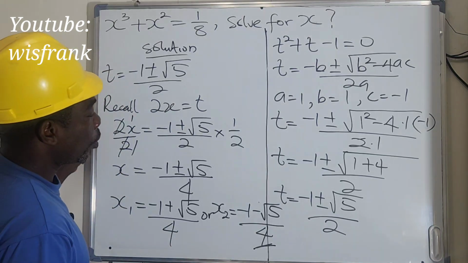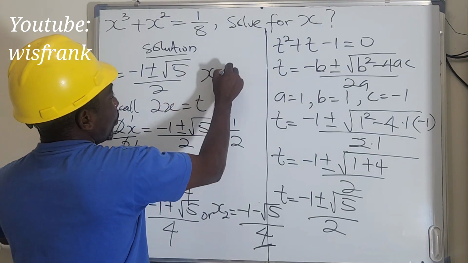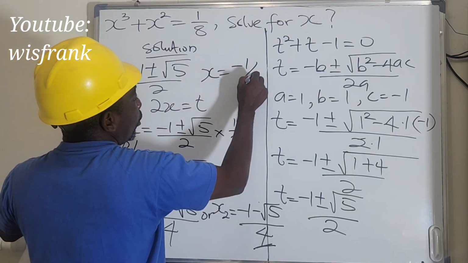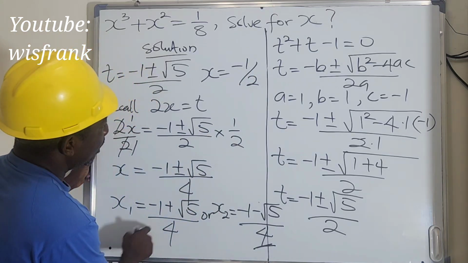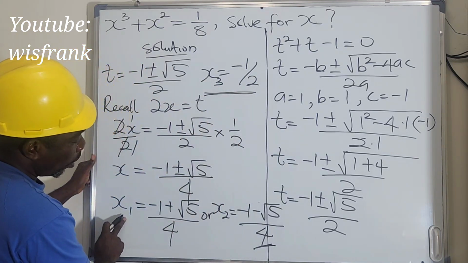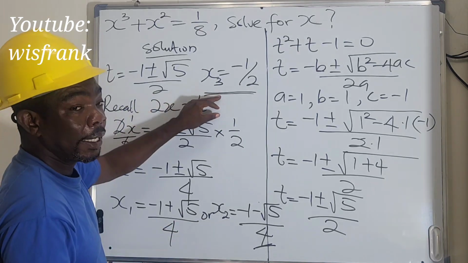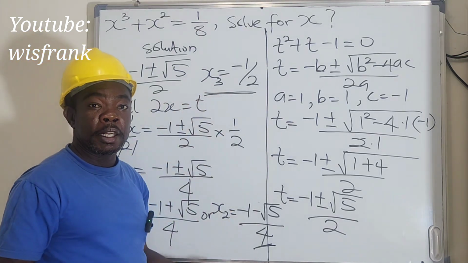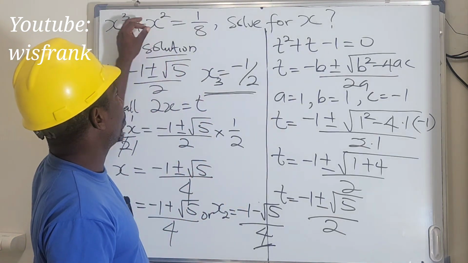So the other one, we had our x equals to minus 1 all over 2. So the second one, that should be x3. So x1, x2, and x3. So these are the values of x that satisfy that cubic equation.